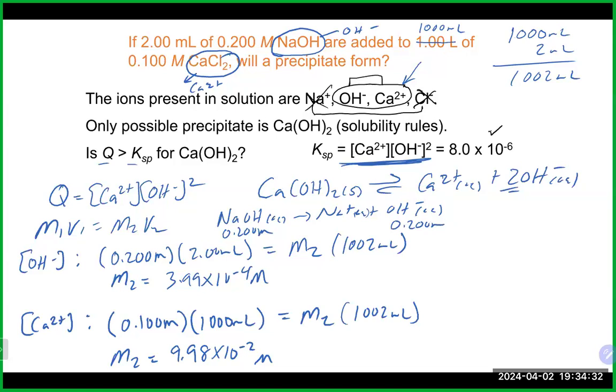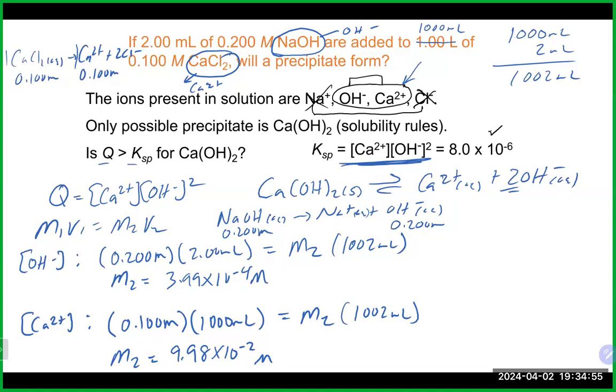Same thing with our calcium chloride. When it breaks apart, we get a calcium ion and 2 chloride ions. And it is a 1-to-1 relationship between calcium chloride and calcium, so if this was 0.1 molar, the calcium would be 0.1 molar as well.